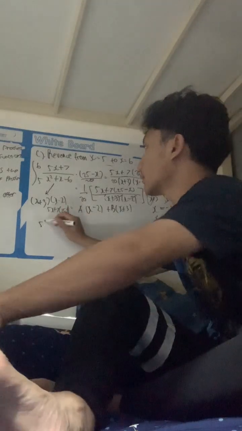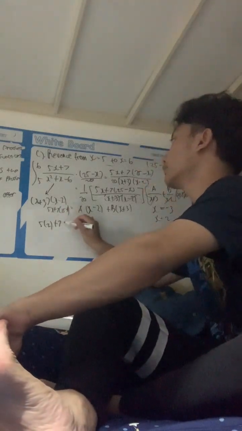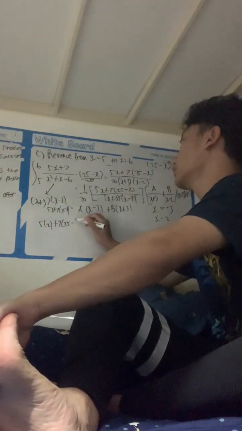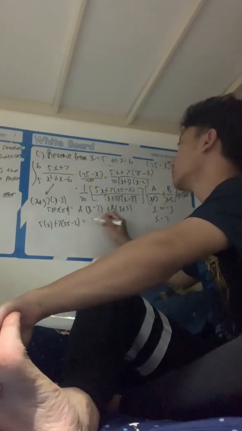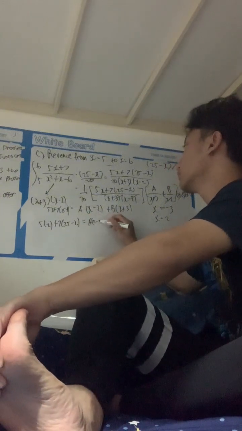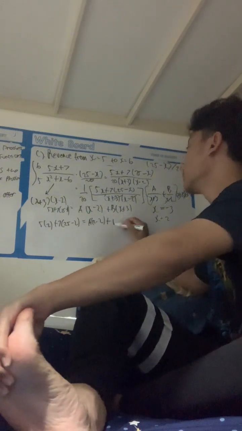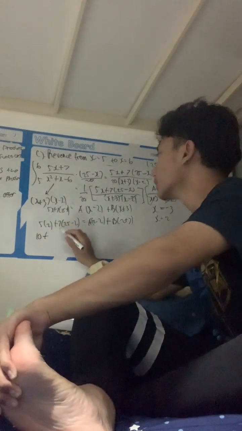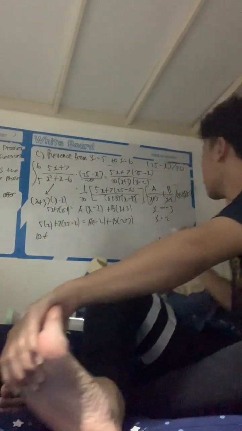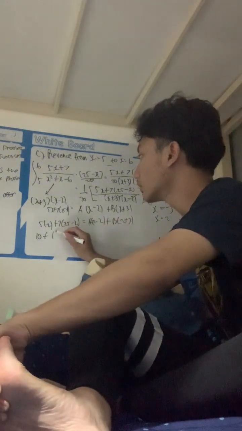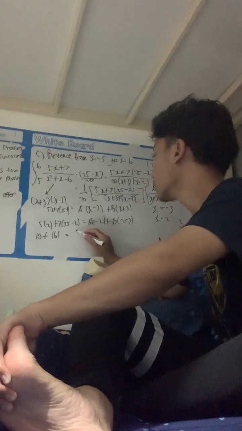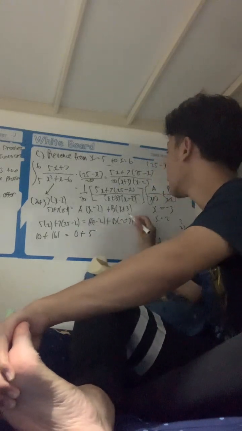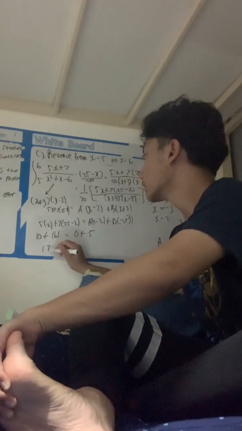So I plug in the 2 here for all the x. 2a plus 2b, and then 10 plus 33, 161 here, and then 0 plus 5 here, 171.